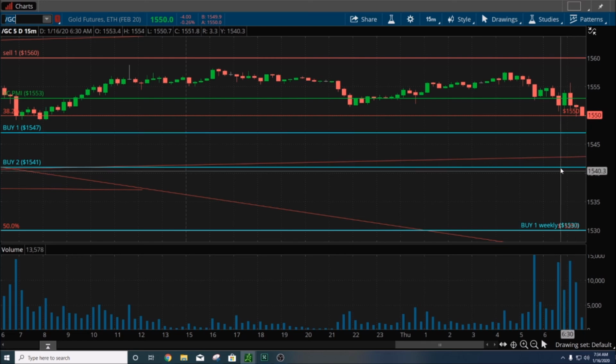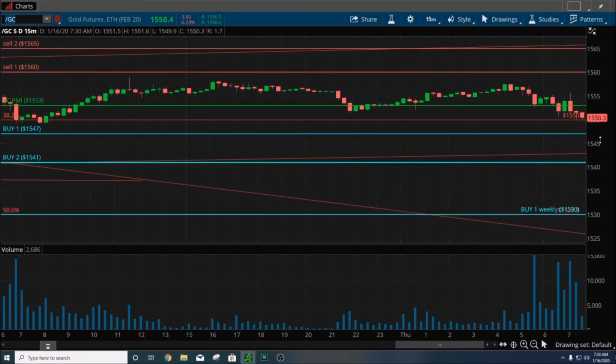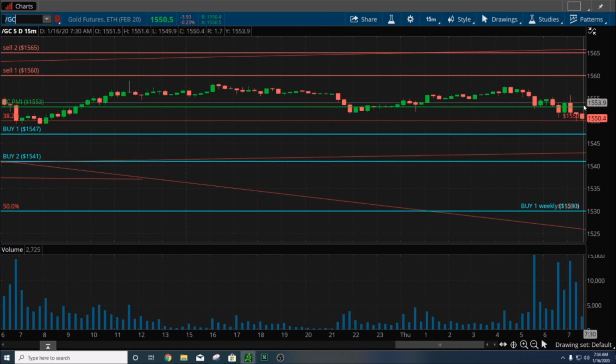If not, it would come down to that buy 2 level of 1541, and using the same artificial intelligence, now you know where to execute the highest probability trades for today. If the market runs up above 53 and closes above it, then automatically it activates the targets above of 1560 to 1565.